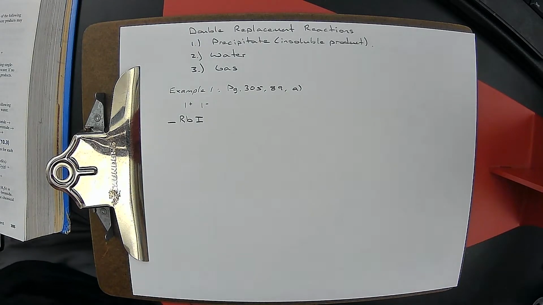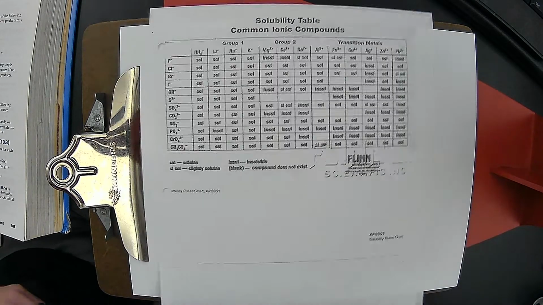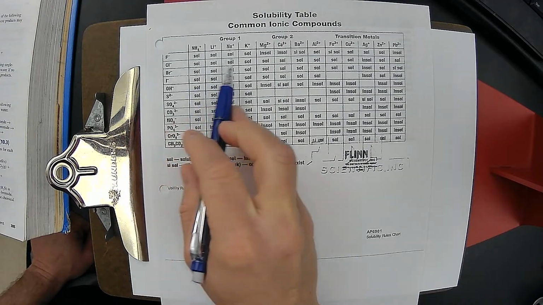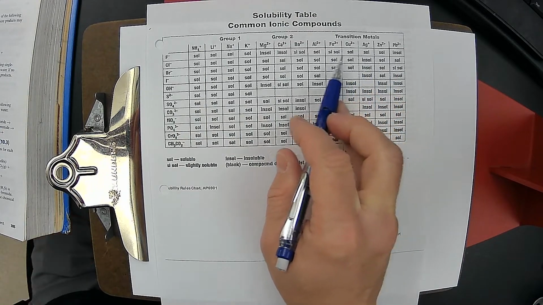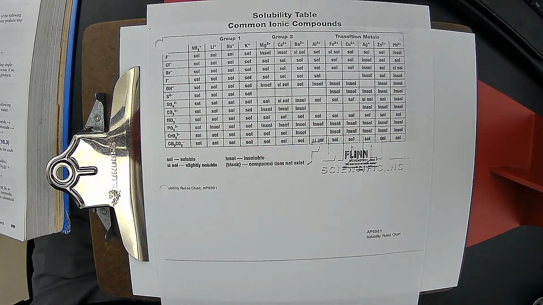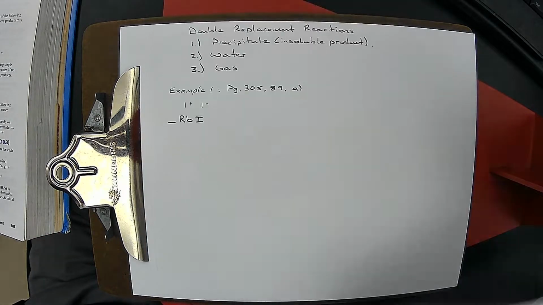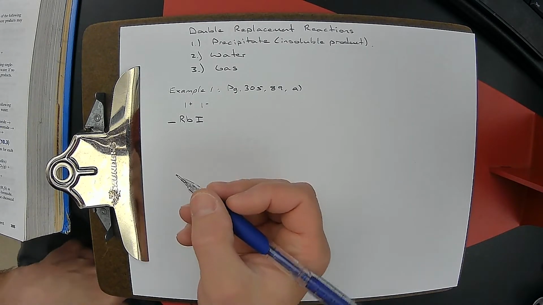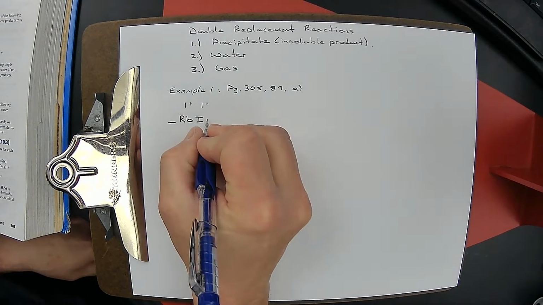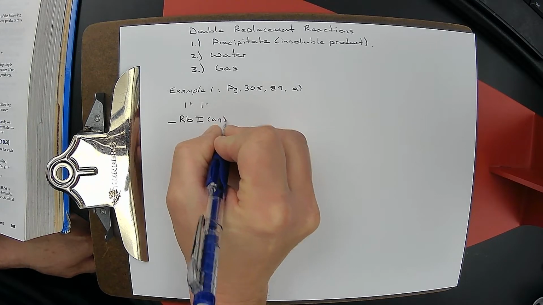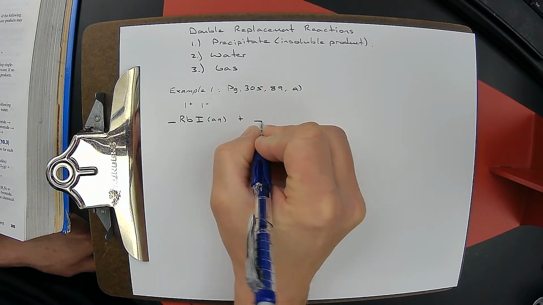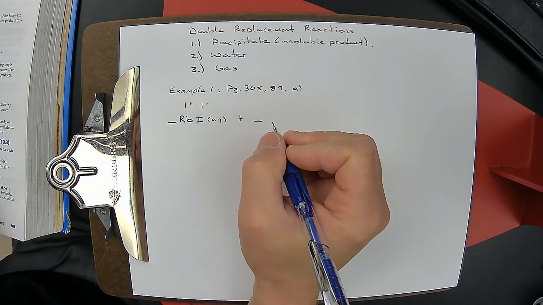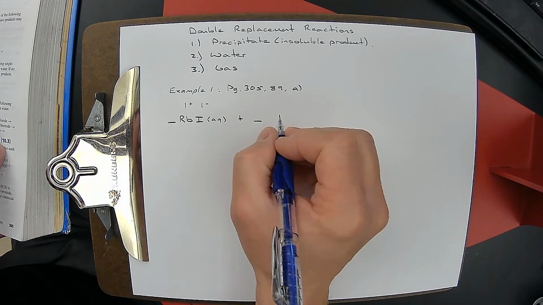When we look up RbI on the solubility chart, rubidium is actually not listed on this chart that we have, but we're going to assume that it's an aqueous solution since it's one of the reactants. So we have rubidium iodide, and it's reacting with silver nitrate.